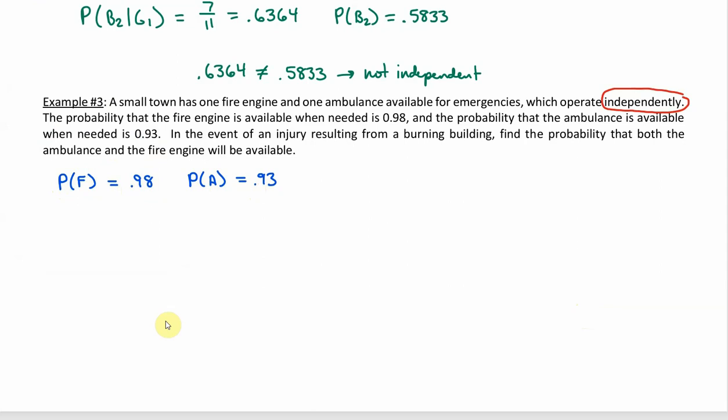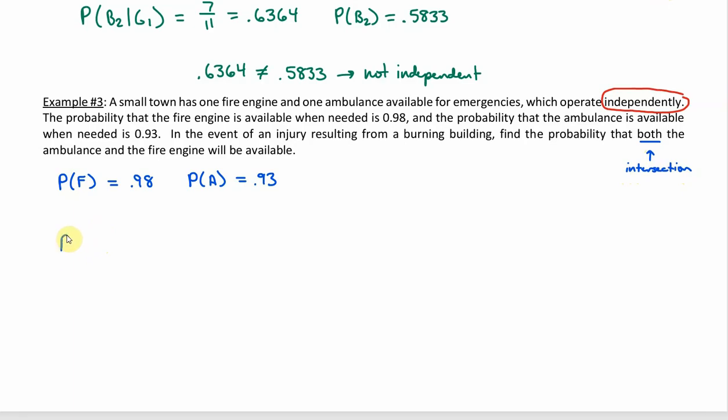And then we want the probability that both are available. So both would be an intersection. And that is what we're going to be able to get knowing that the events are independent. So that really comes in handy here.